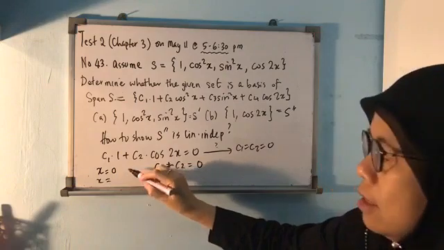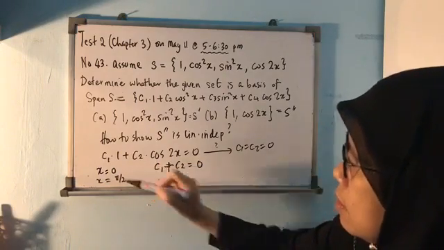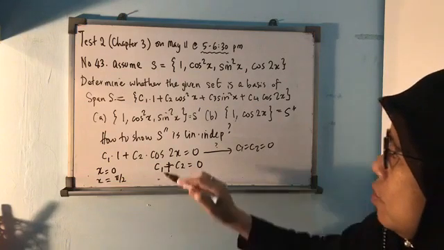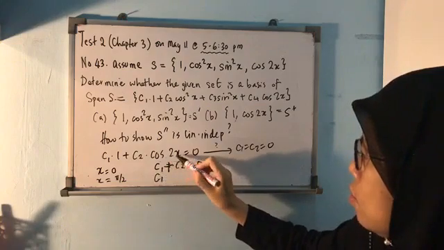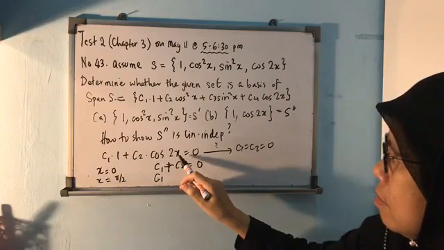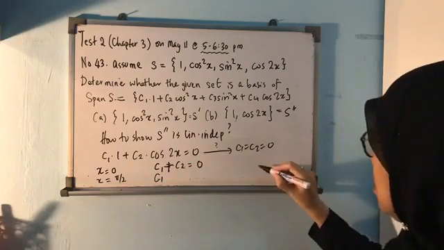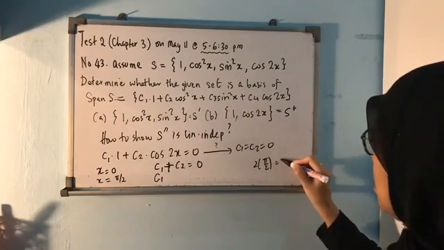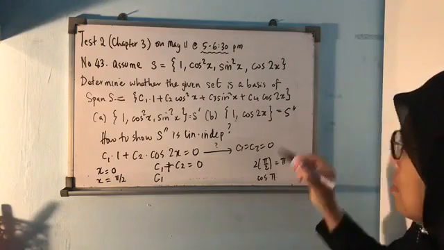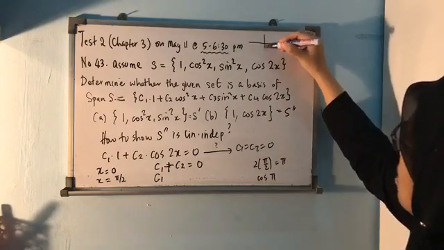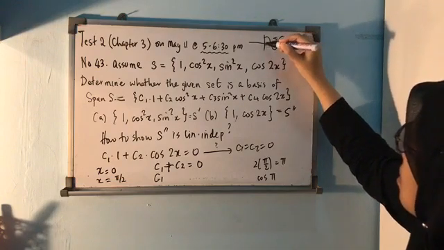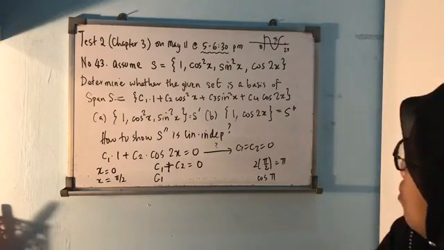What else? x is pi over 2. Okay, x is pi over 2. C1. What is cosine pi? 2 times pi over 2 is pi, right? Okay. What is cosine of pi? Negative 1, right?